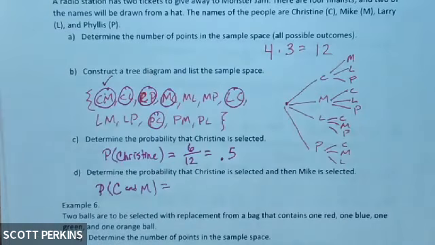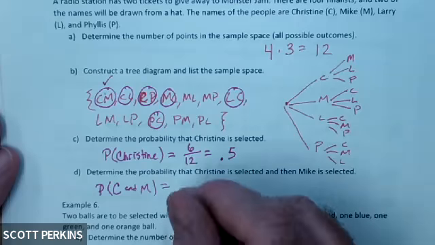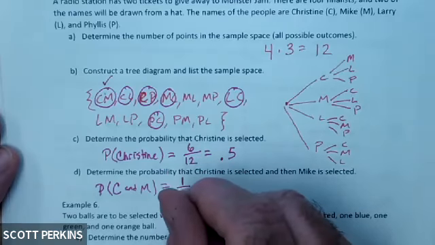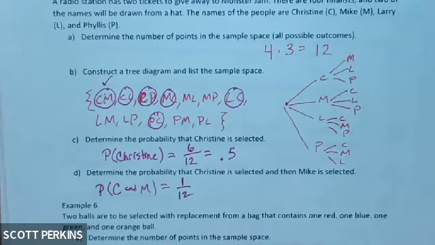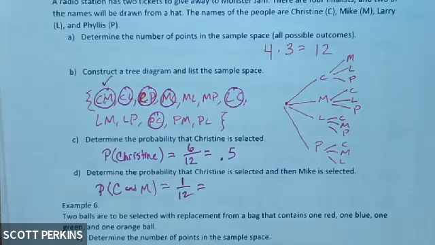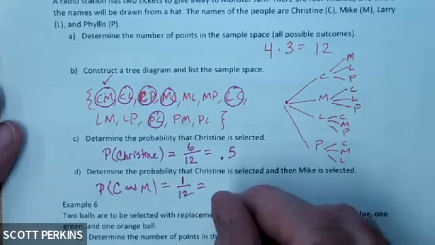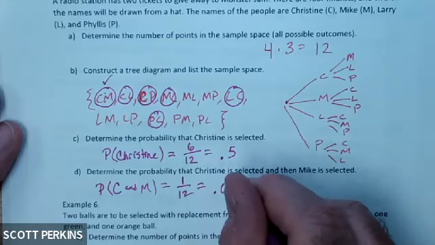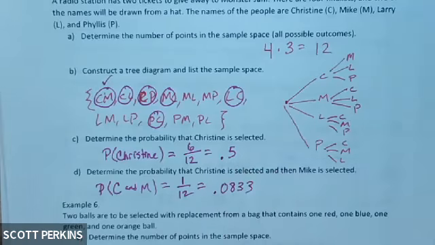That's the one time that it happens. So one time out of 12, that's a reduced fraction. You're welcome to leave it. But if you pop it into the calculator, remember my preference is 4 decimal places to get enough detail. I think my math lab likes 3. So I'm going to put this in the calculator, and it's 0.0833 is my result.